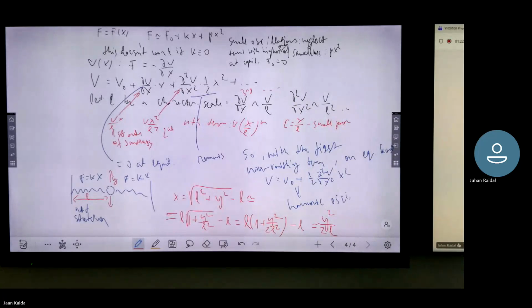Right? And so now our deformation is quadratic in displacement.